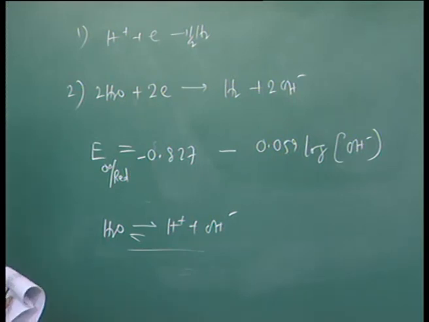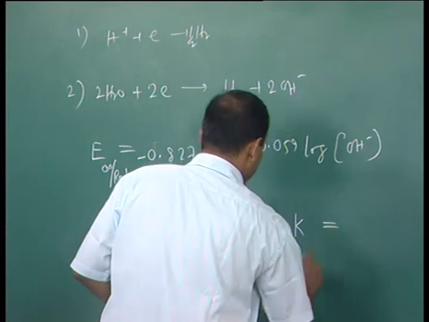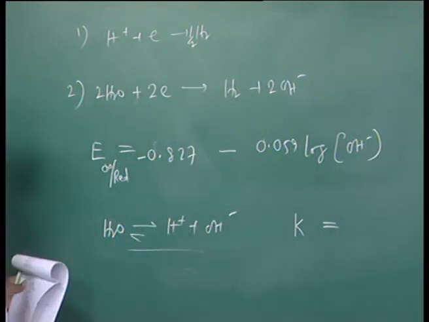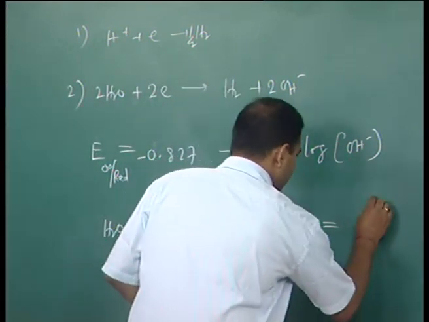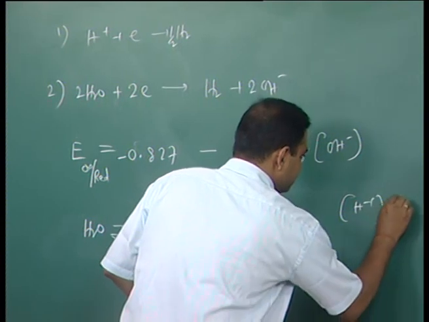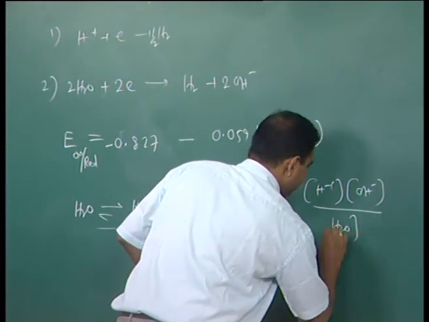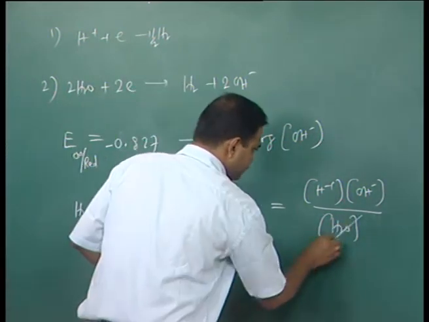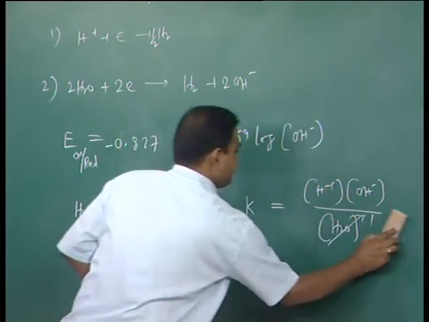For this reaction, we can also calculate the equilibrium constant. K would be equal to, in equilibrium and in neutral condition, H+ concentration times OH- concentration over H2O, and this is pure H2O, so this should become 1. So K would be equal to this.